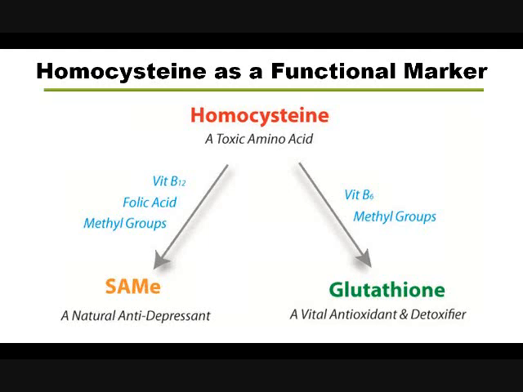If you do not have enough B12 or folic acid or methyl groups around, then the homocysteine level starts to go up. So this is a functional marker. Instead of measuring a level of B12 in the blood, because B12 in the blood is notoriously unreliable. Why? Because if you eat something with a lot of B12 in it, the body will make sure that the B12 in the blood stays in a narrow range for a long time, and yet the cells may not be getting enough B12.